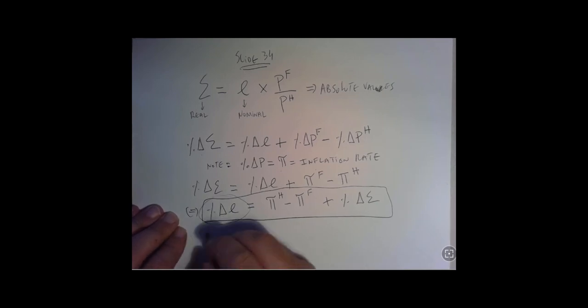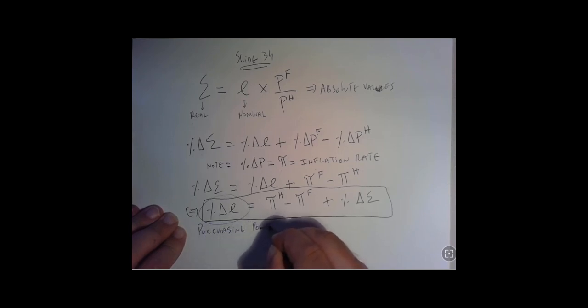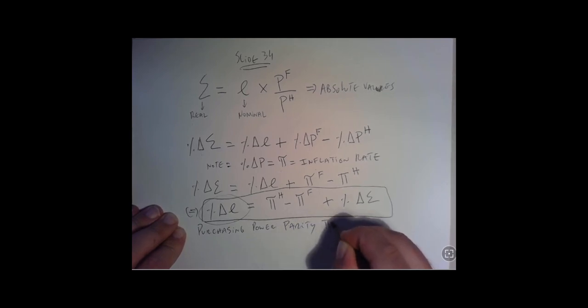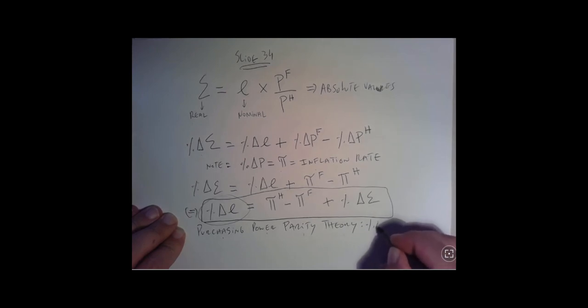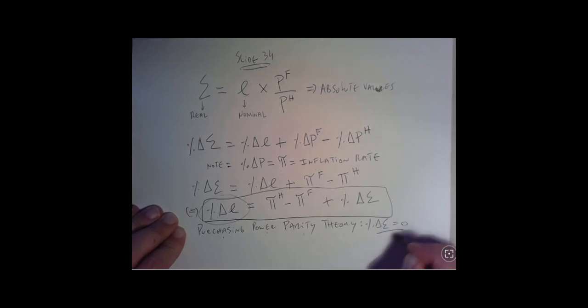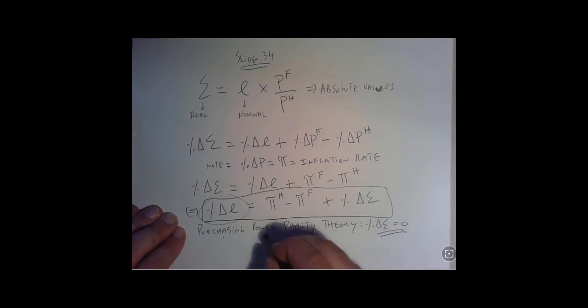Now we have a theory called the purchasing power parity theory that basically imposes the real exchange rate to be equal to 0. This is what we call the PPP theory.